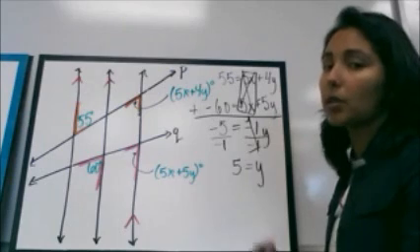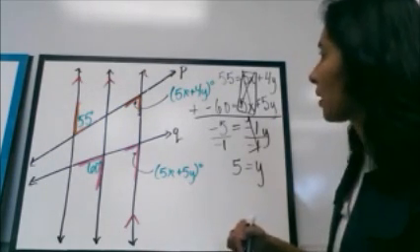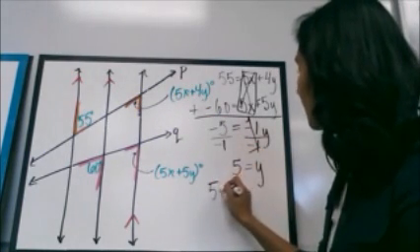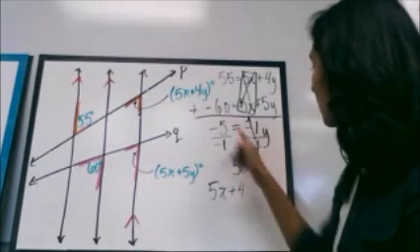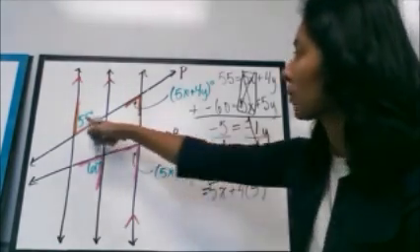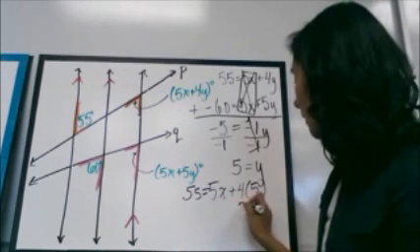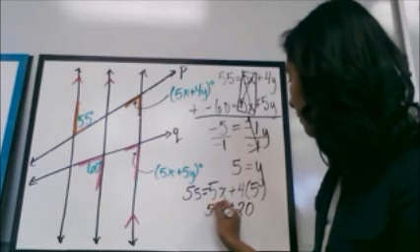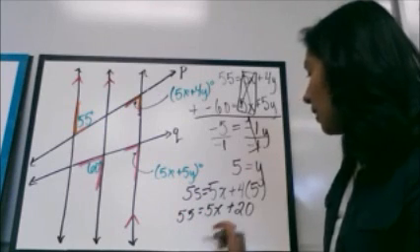Now that we have y, we just need to substitute back into the other problem and find x. So I'm going to pick, it doesn't really matter, I'm going to pick this one here. I have 5 times x plus 4. Instead of y, I'm going to put the 5 that we just found, and we said that one was equal to the 55 over here. 4 times 5 gives me 20, plus, I have that 5x right there, equals 55.